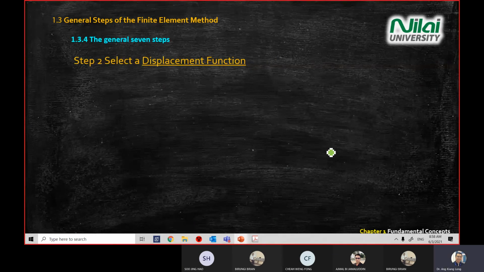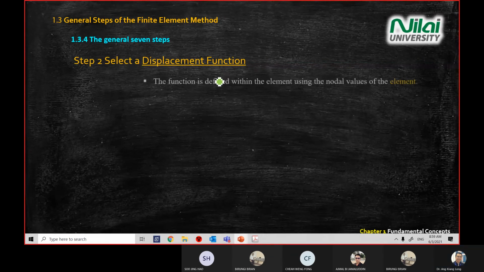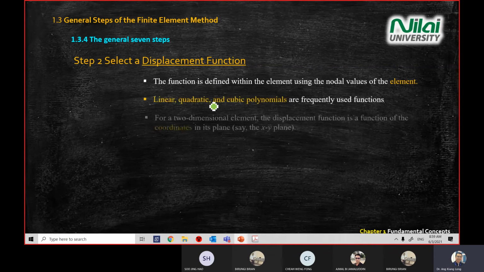Step number 2, you call out all the equation. Displacement function means you call out the equation. So this one, you know the equation that you learned in your mathematics or in your stress analysis. You know that you deal with linear, you deal with quadratic, you deal with cubic polynomial.